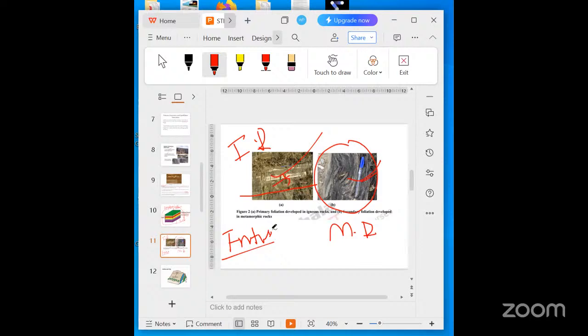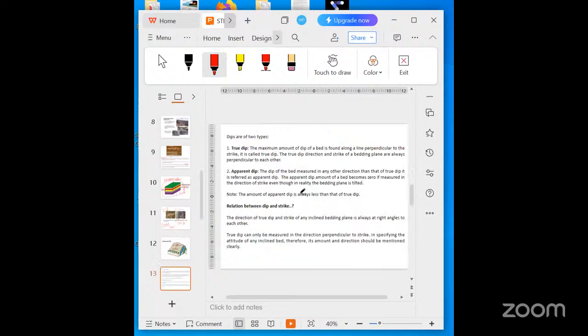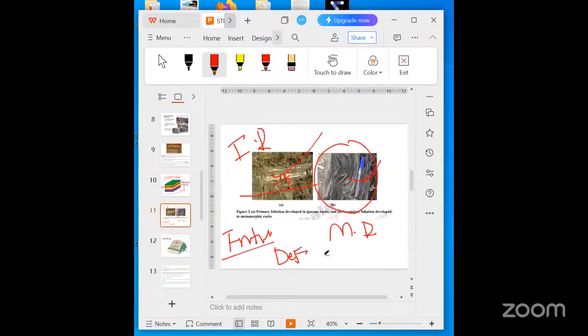So now, deformation. This term is applied for a process in which the original rock is modified.